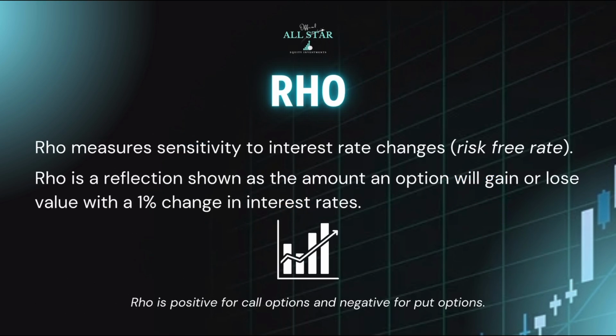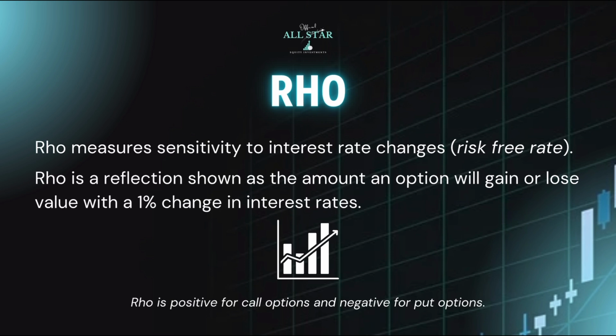So Rho. This is the least discussed Greek of them all. Very rarely will you hear anyone talking about it, but what it does is measure the sensitivity to interest rate changes. So it's a reflection of how an option contract will either gain or lose money based on a 1% change in those interest rates. So the important thing to note about Rho is that it considers risk-free interest rates.